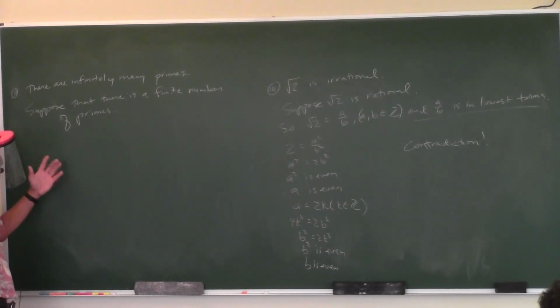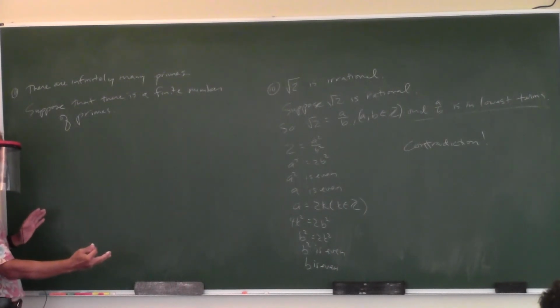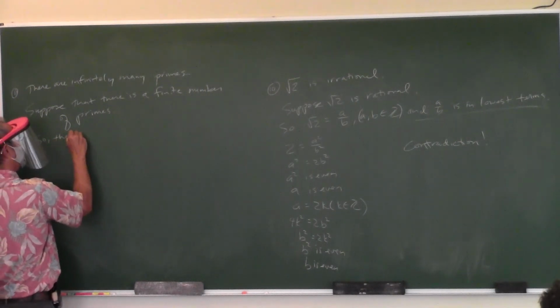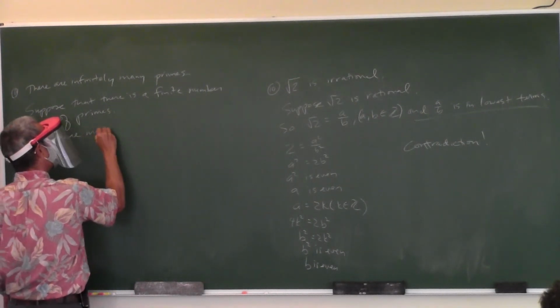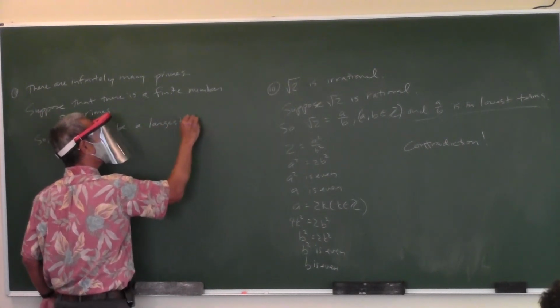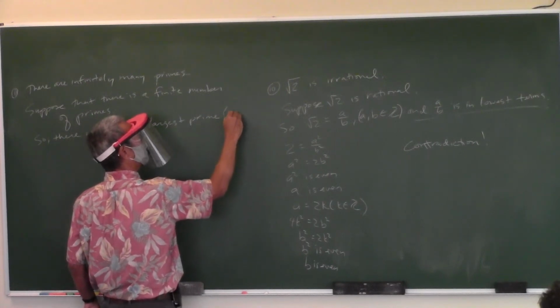If there's a finite number of primes, doesn't that mean there's a biggest one? So there must be a largest prime. What do you want to call this largest prime? Okay, P then.